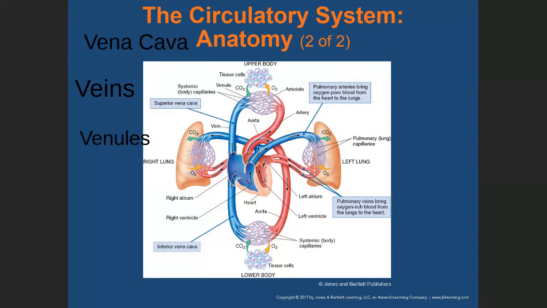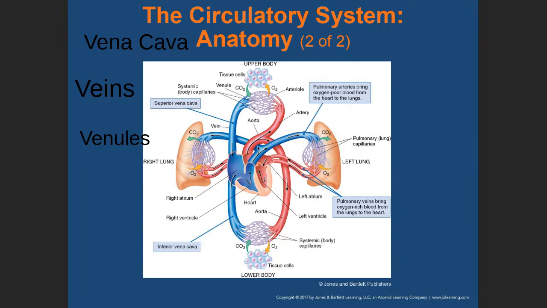The superior portion supplies the upper body with blood. The inferior portion supplies the lower body with blood. The vena cava will break down into veins, and the veins will break down into venules. Venules are the smallest veins within the body, right?